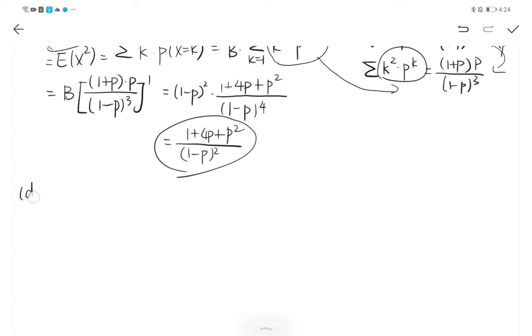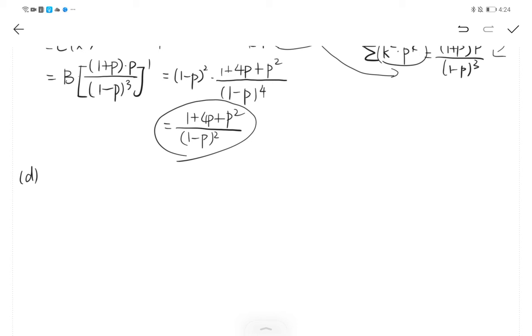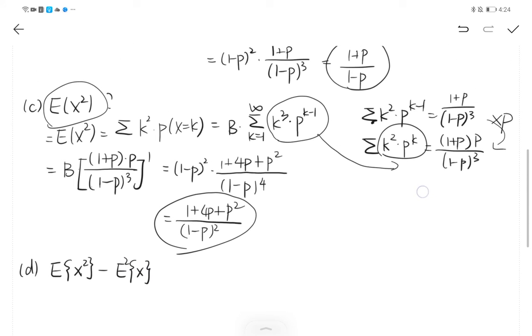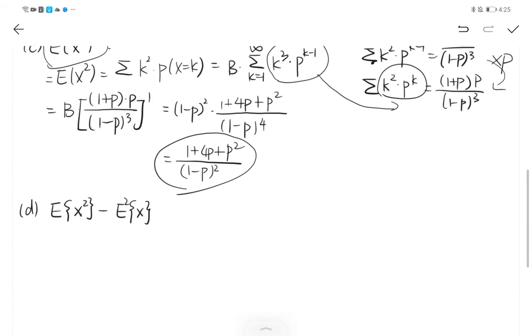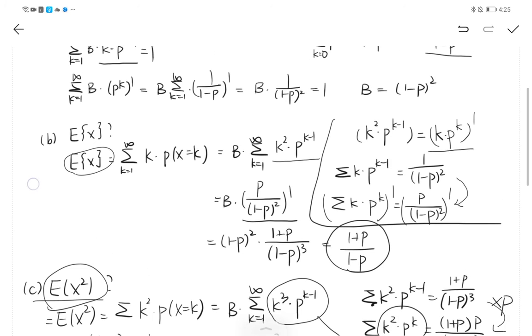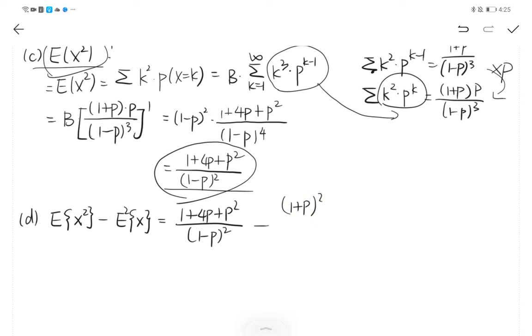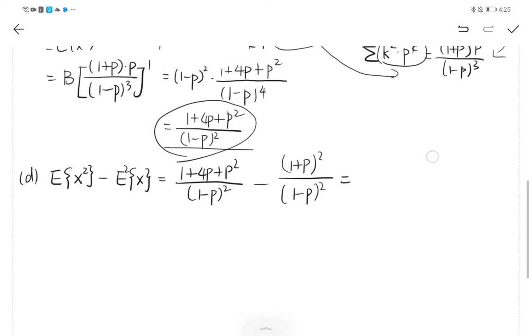And problem D. It asks us to find the variance, the expectation of X to the power 2 minus the square of the expectation of X. So we use the result of problem C minus the square of the result of problem B. That's very easy.